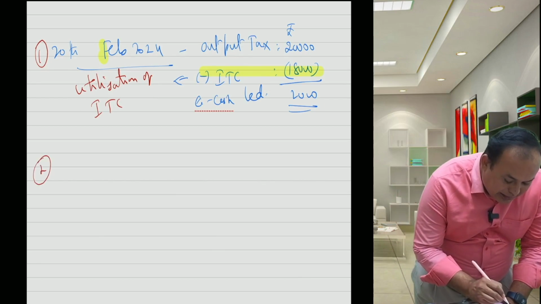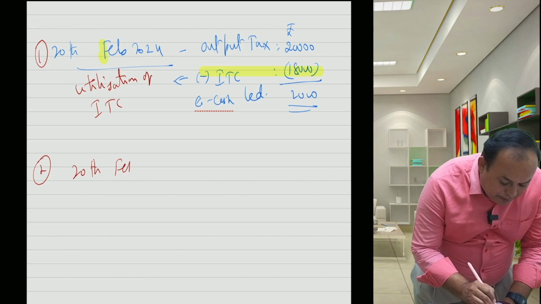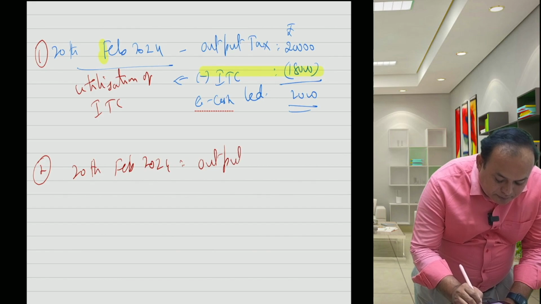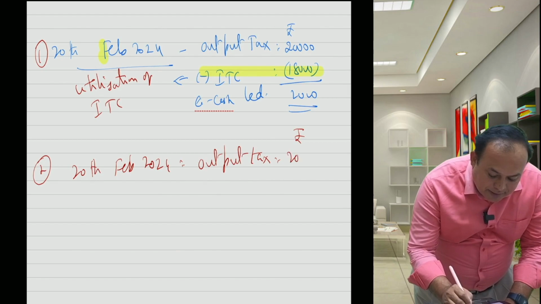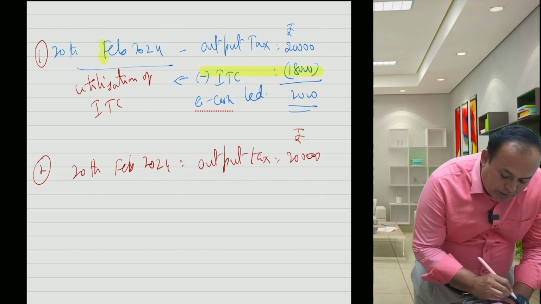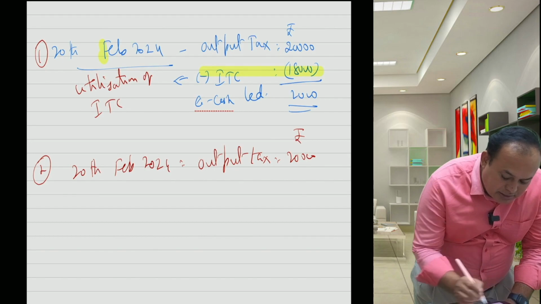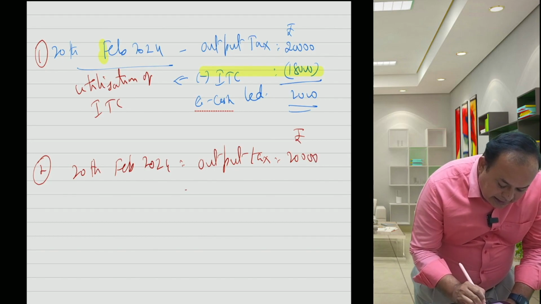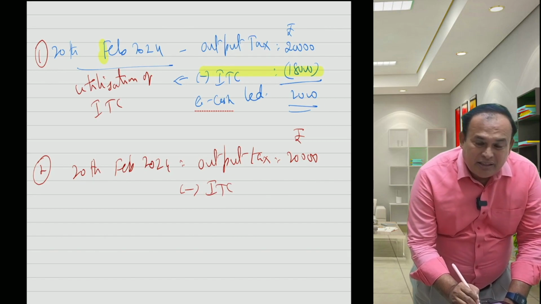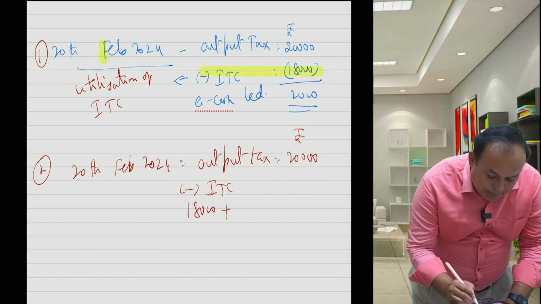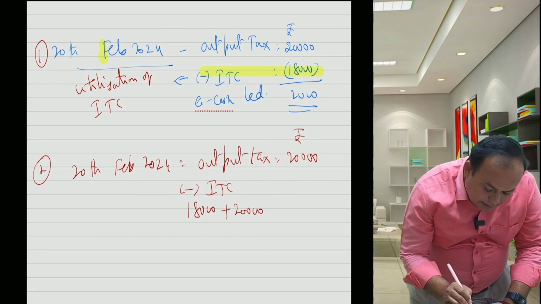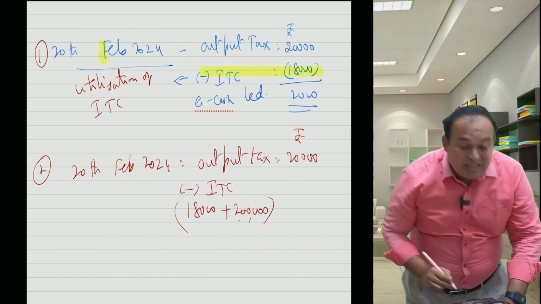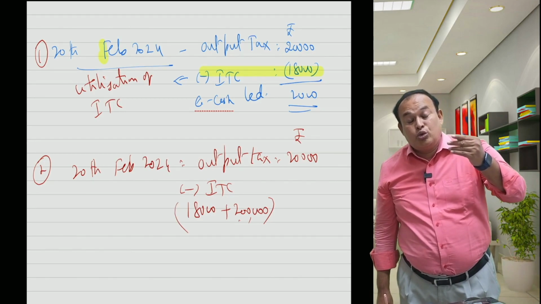In the second situation, for example, on 20th February 2024, my output tax liability is rupees 20,000. Less my input tax credit: not only 18,000, I have some more credit in my books, 2 lakhs, totally 2 lakh 18,000.